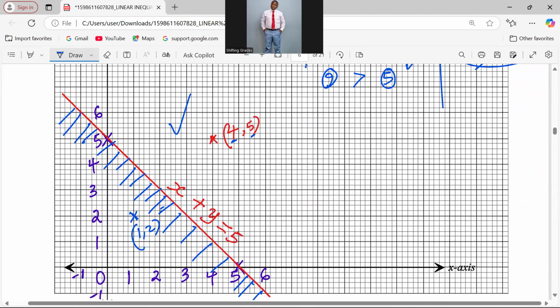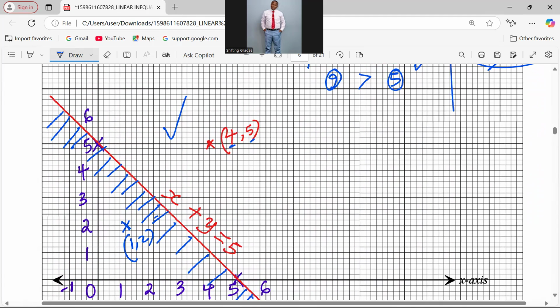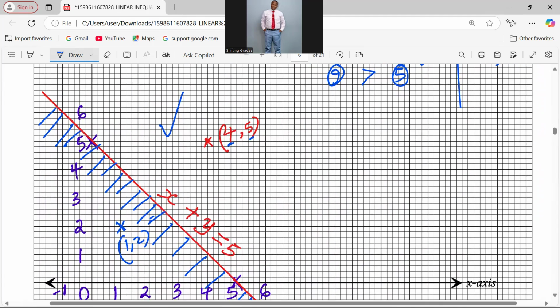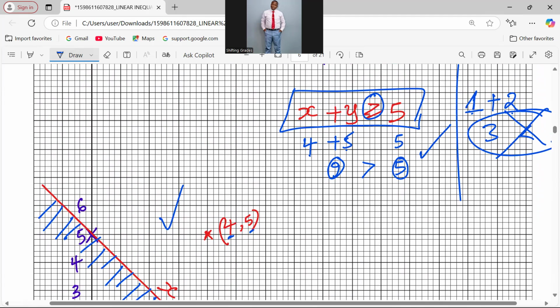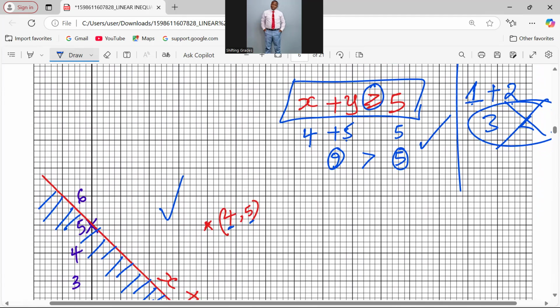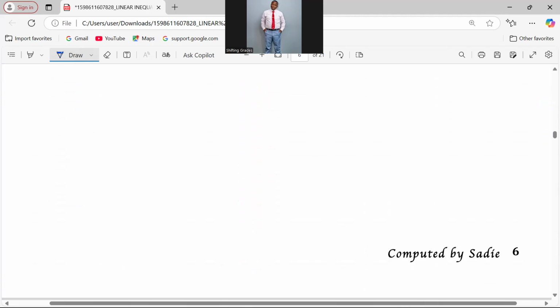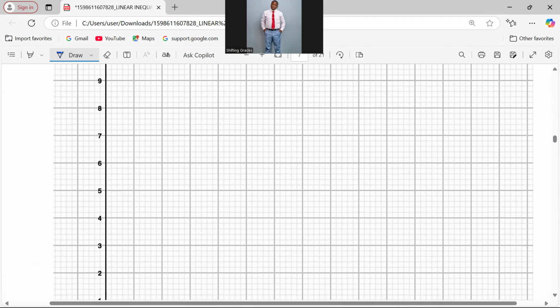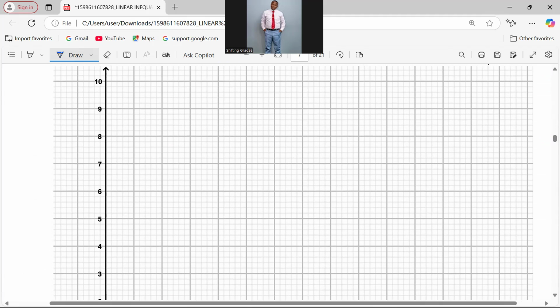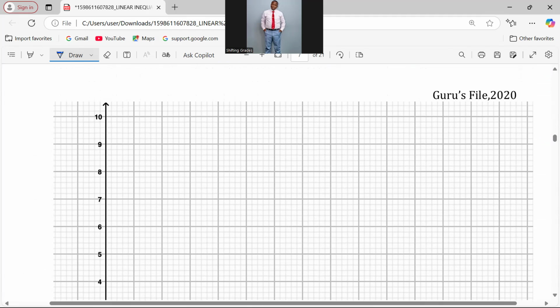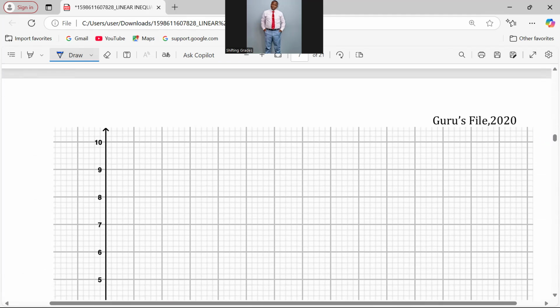So you usually pick a coordinate from any side and you prove it. You examine it following the inequality symbol which applies to the particular question. That is it. I can actually use the grid here to confirm. Just one more inequality for you so that you may understand what is happening.